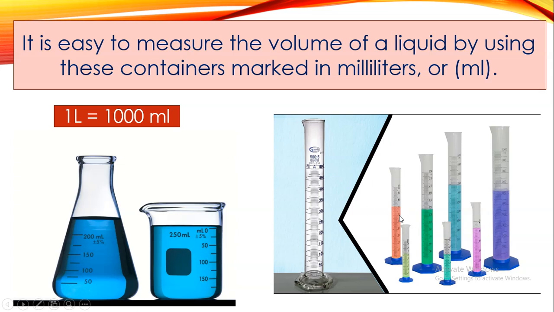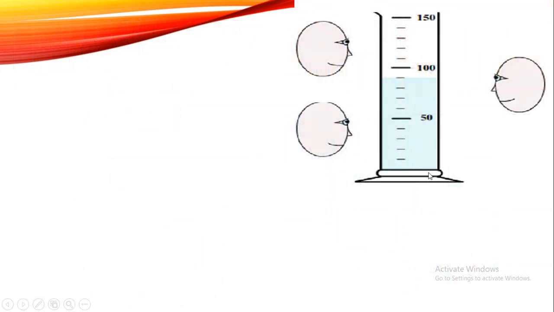So you need to put the liquid you want to measure its volume in a container like this, and you can take the reading as you can see here. I'm going to show you in this picture.